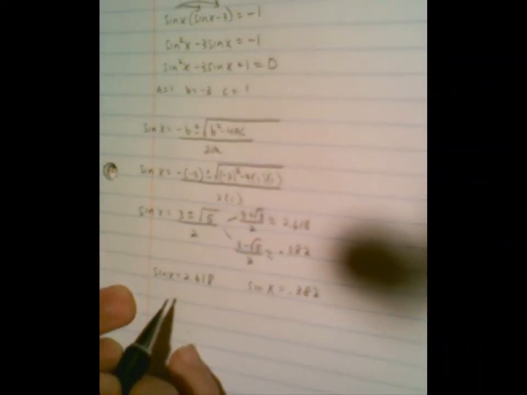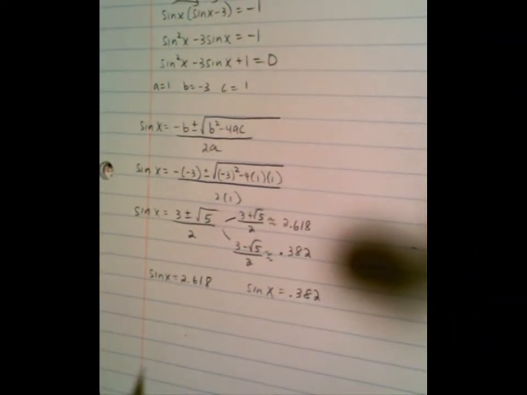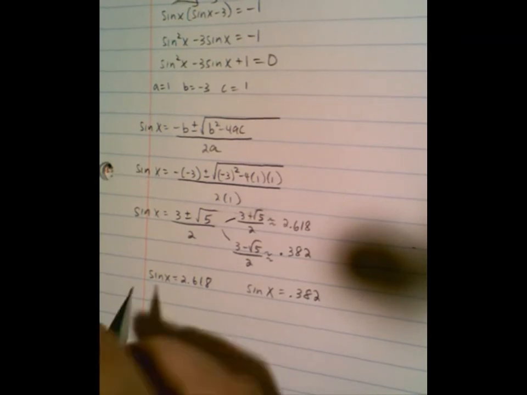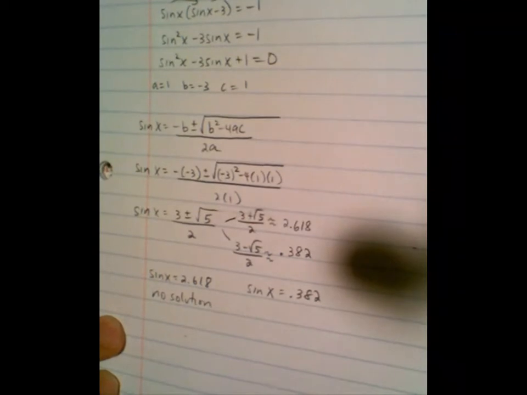Well, the sine of an angle cannot be greater than 1 or less than -1. So therefore, there's no solution over here. If you put in your calculator inverse sine of 2.618, it would say error.